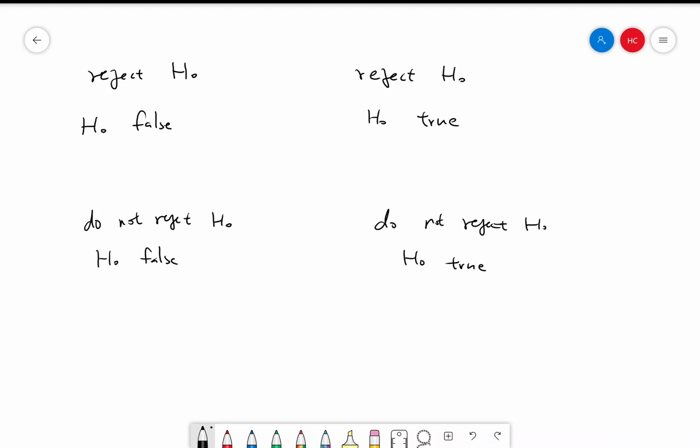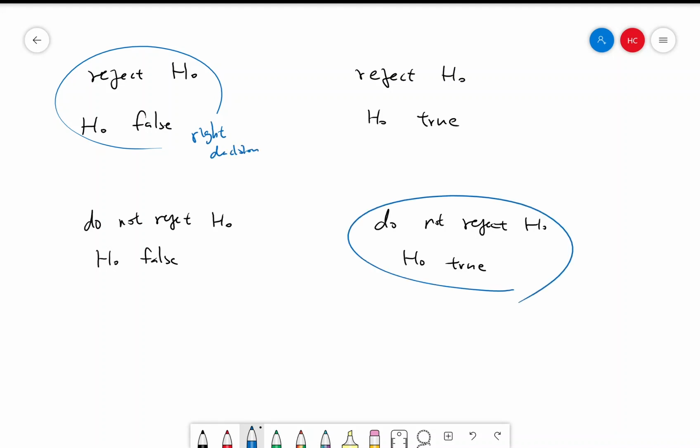Okay, so there are 4 scenarios, and in 2 of them we made a right decision. So in the top left, if we reject H0 and H0 turned out to be false, then we make the right decision. And if we don't reject H0 and H0 turned out to be true, then we also make the right decision.